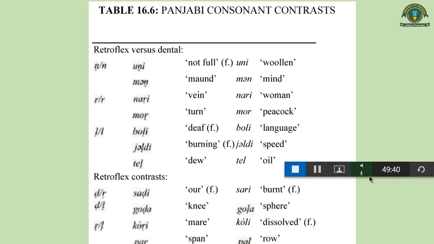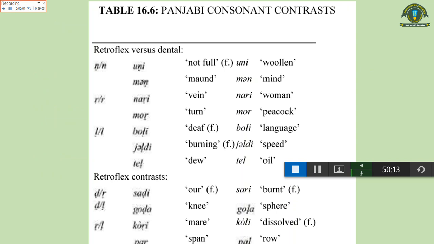Now, retroflex contrasts, you can see d and r here, like sardi and sari, and then goda and gola, and kodi and koli. So now you can see that these are different sounds pronounced differently in Punjabi. Now, remembering this whole phonemic inventory at once is definitely not an easy task.